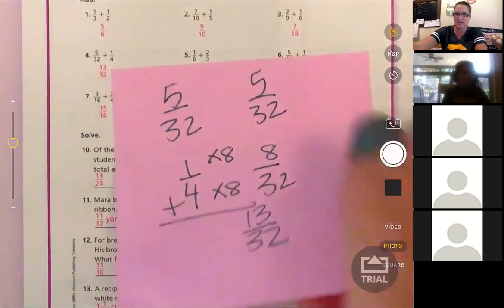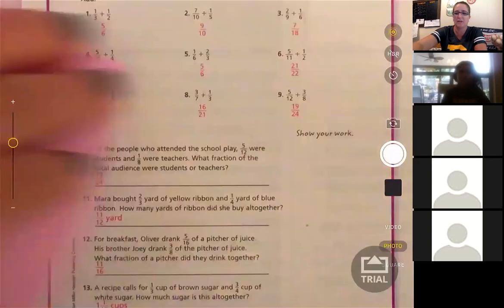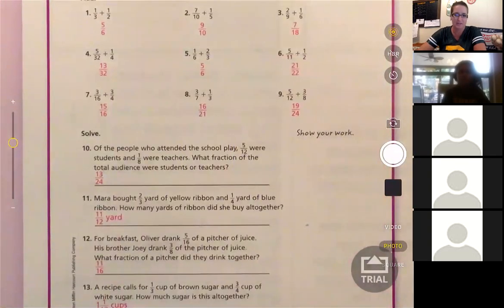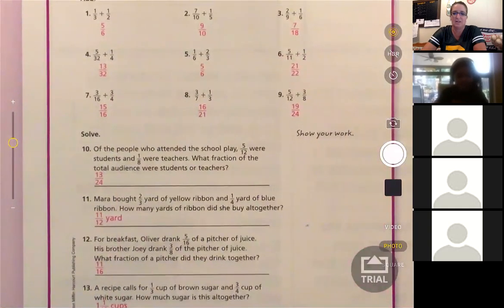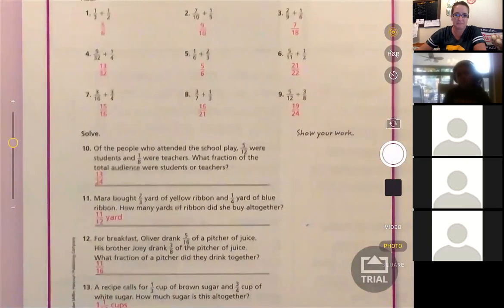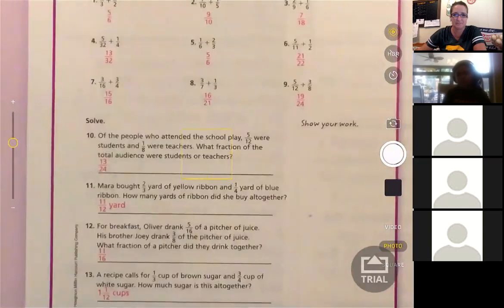Okay, Ashlyn, Jordan, I see your hand is up. Okay, Jaslyn. On number 3, would 10/36 work?